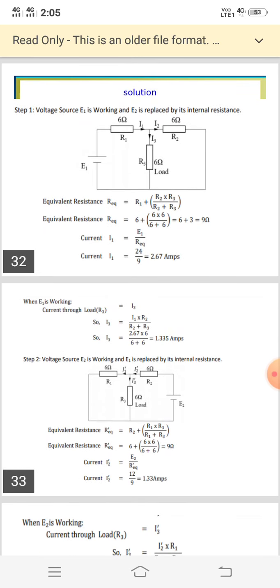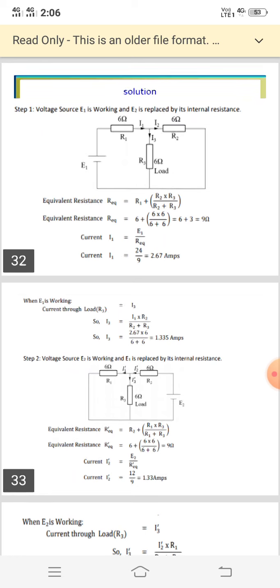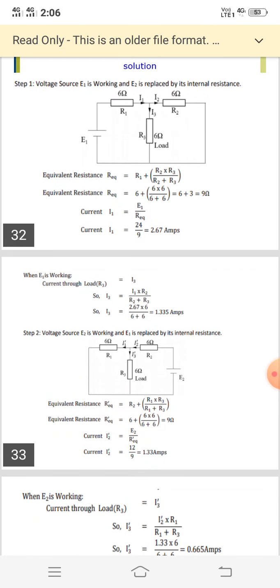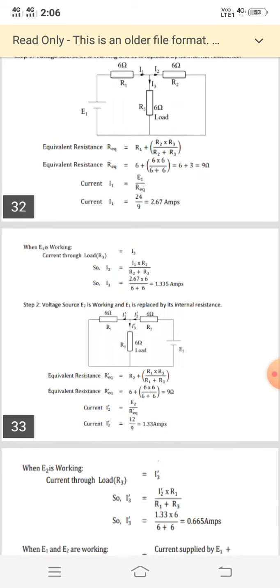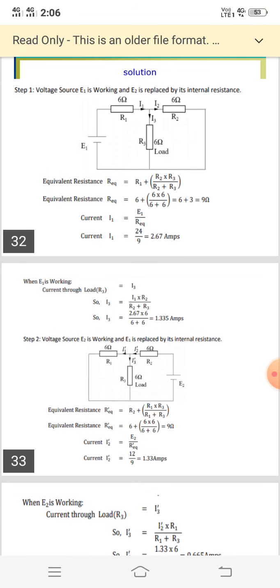Here we got I1 as 2.67. Replace that I1 value, R2 is 6, R3 is 6. Putting every value together, we will get 1.335 amps for I3. Okay, step 1 is over.